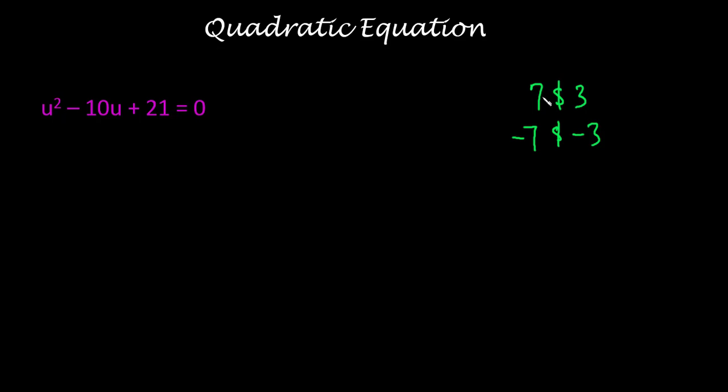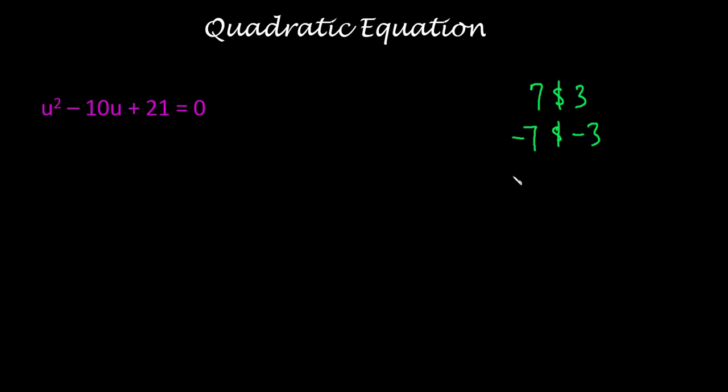If we have 7 and 3, 7 times 3 gives us plus 21, but 7 plus 3 gives us 10, not minus 10. So if we have minus 7 times minus 3, minus times minus is plus, 7 times 3 is 21, and if we add minus 7 and minus 3, we get minus 10.